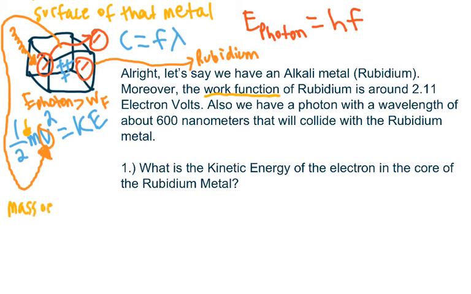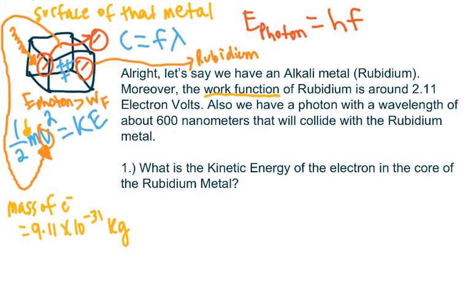Mass of the electron is about 9.11 times 10 to the negative 31st kilograms. Let's just work with kilograms in this example so we don't have to convert to grams.